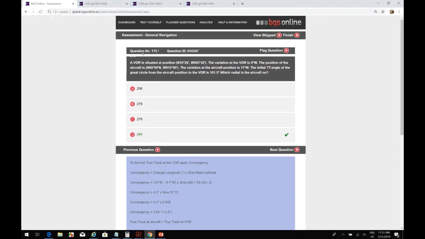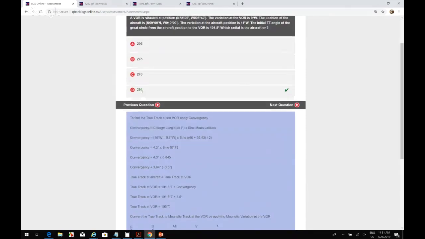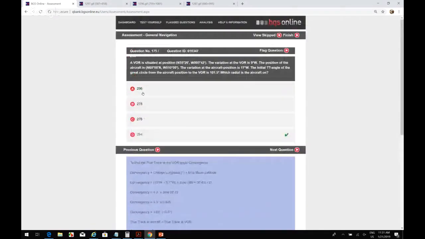So change of longitude is 4.3, and we want to times that by the sine of the mean latitude, which is 5526 plus 60, divided by 2, it's 57.43, or 57.72.